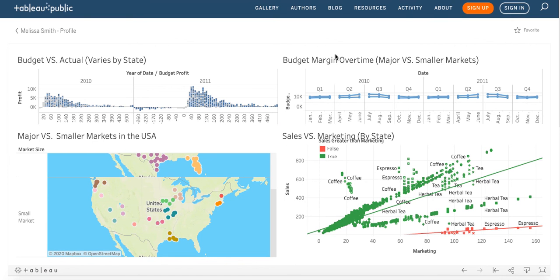So we move over to the right, and this was measuring the budget margin over time, which basically consists of the major versus the smaller markets. For this graph, I had budget margin over here on the side, and then I divided the years like I had done over here, 2010 and 2011.